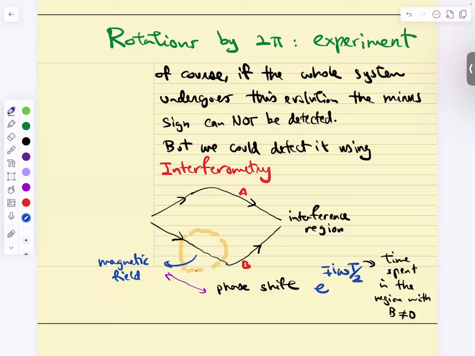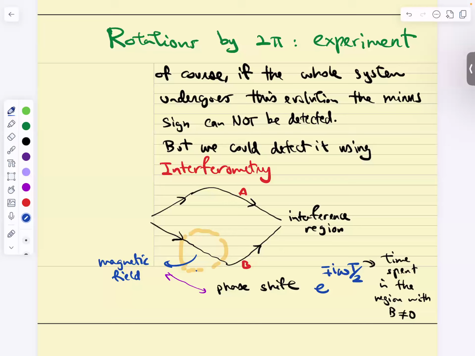If you have to go 4 pi to come back to it, two peaks would be separated by an angle of 4 pi, right? So after 2 pi, they actually cancel. But if the particle didn't have this extra minus sign, after 2 pi, you would just see two peaks. So as you change B and see how the peaks change, you deduce this phase.